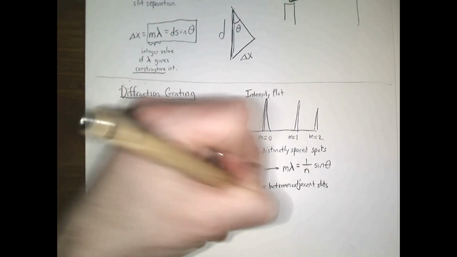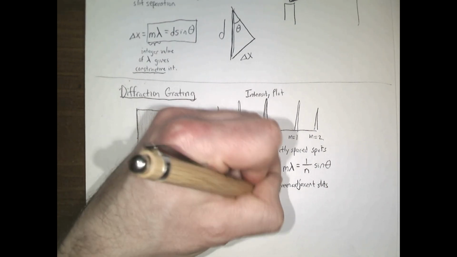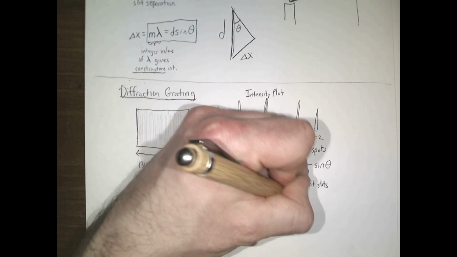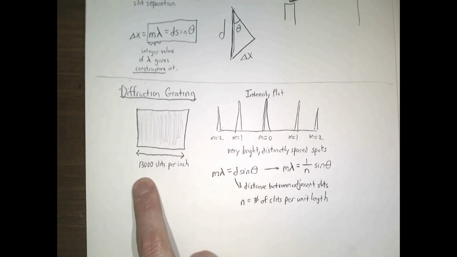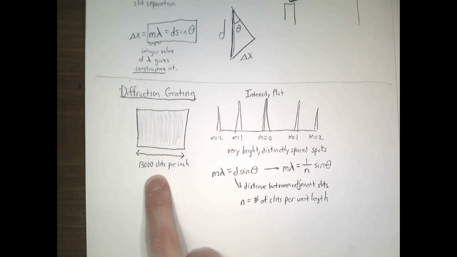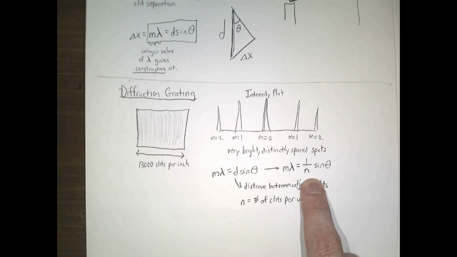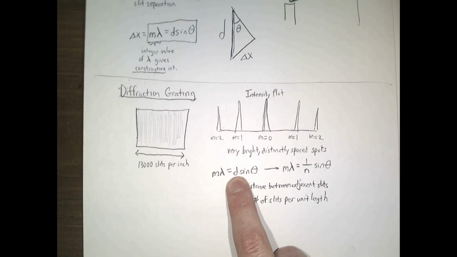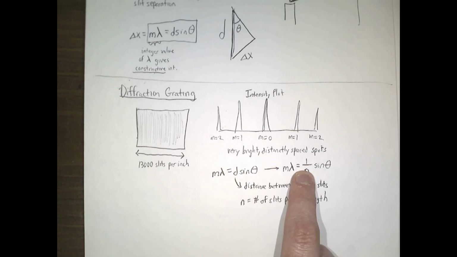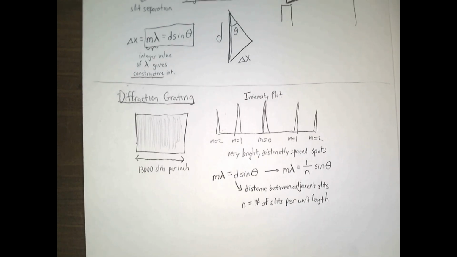And n here is the number of slits per unit length. So if we were looking in inches, we would put 13,000 there for n. There are 13,000 slits per inch, which would give us 1 over that large number, which would make d a very small number. So you can either look at the actual slit spacing d, or you can write this in terms of 1 over that value, the number of slits per inch, which is usually what you'll be given if you work with one of these practically.